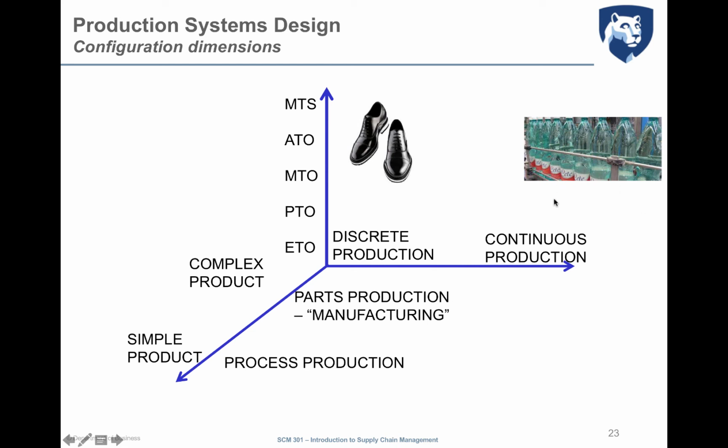And of course, it is not a complex product. Of course, this should be put in perspective, but water is a simple product. So in this case, for shoes, you will have a production system which is make to stock, discrete production, complex product characterized, while for water, you have a make to stock, continuous production, simple product, production system characterized.